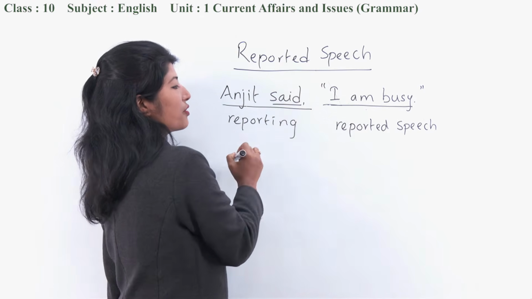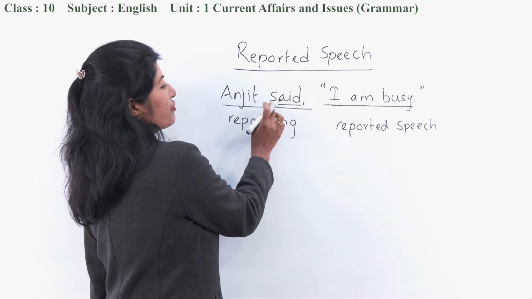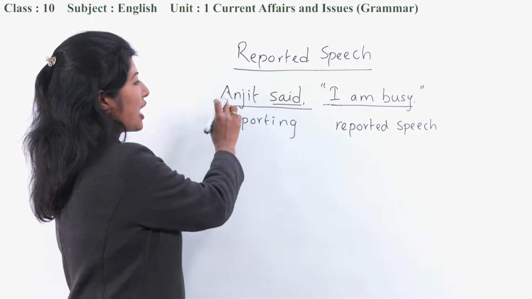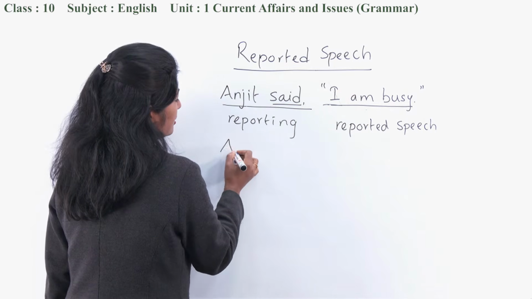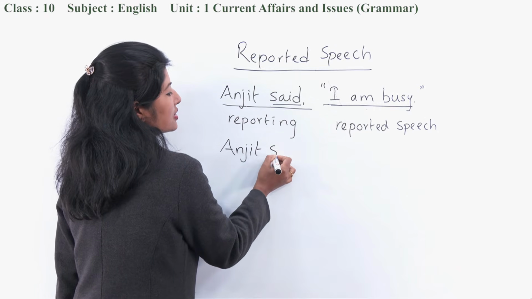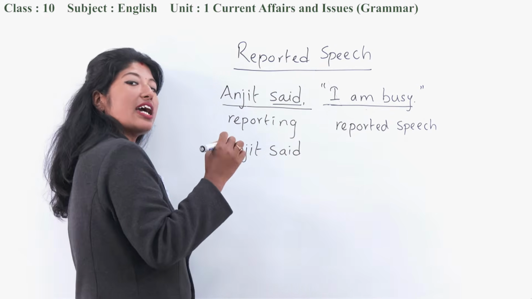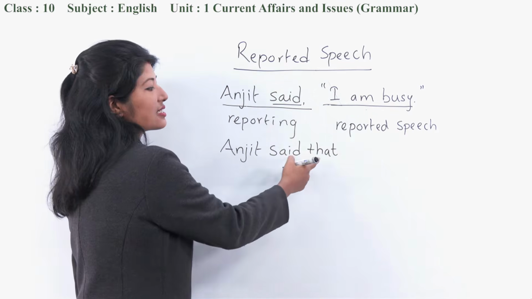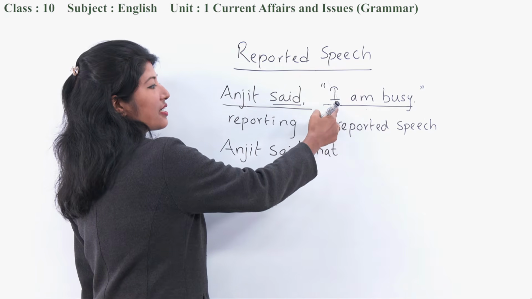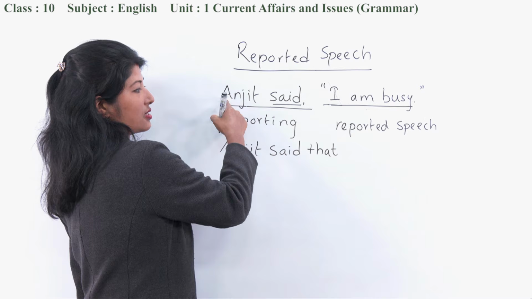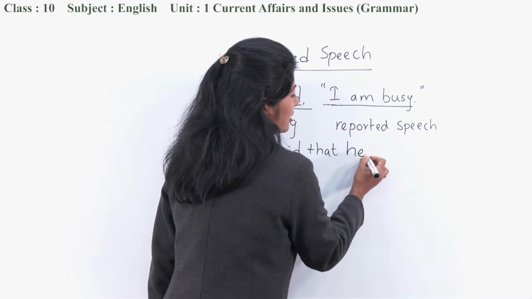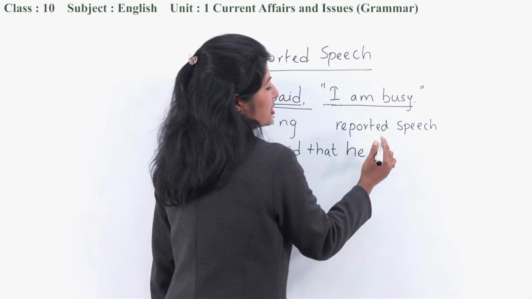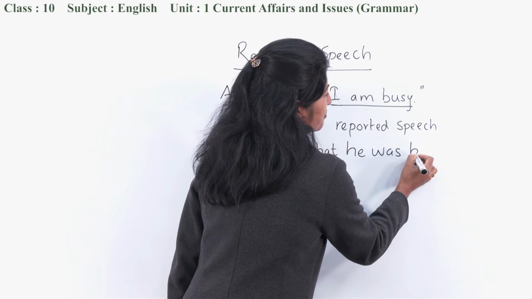This is the reporting verb. If the reporting verb is in past form, said, then how is it changed? Look here. Anjit said, we add a connective over here, that. Anjit said that. This "I" here is who? Anjit. He. So we replace I by he. "Am busy" changed into "was busy."